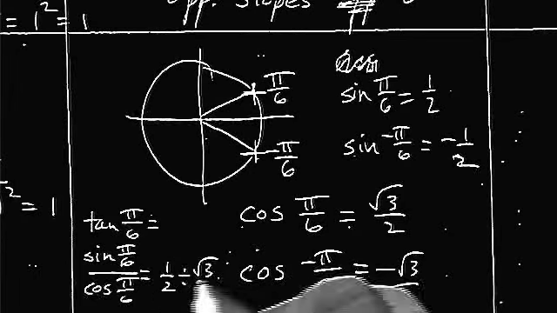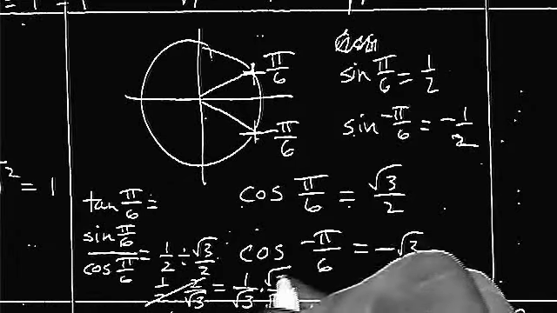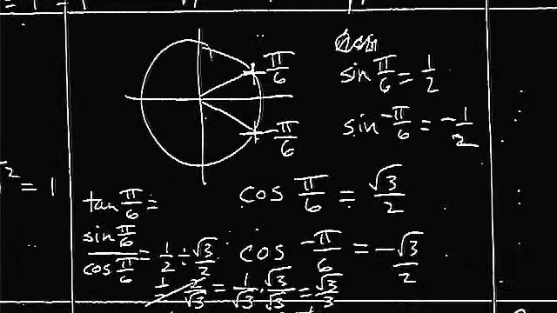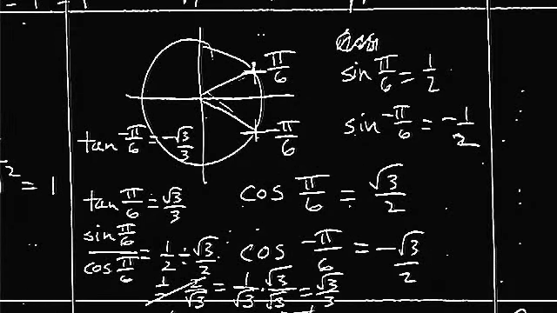Don't forget the 2's are canceling, giving me 1 over radical 3. But what rational person would leave it like that? None that I know of. So we would write it as radical 3 over 3. So let me clean that up a little bit. Tangent pi over 6 is radical 3 over 3. What would you know about the tangent of negative pi over 6? Same or opposite? Definitely opposite. I know, you're getting a real education on fractions here.